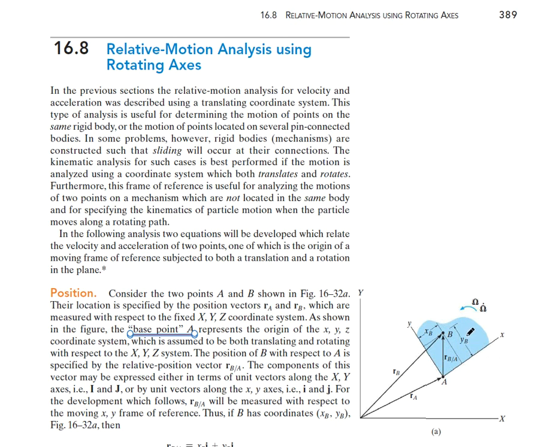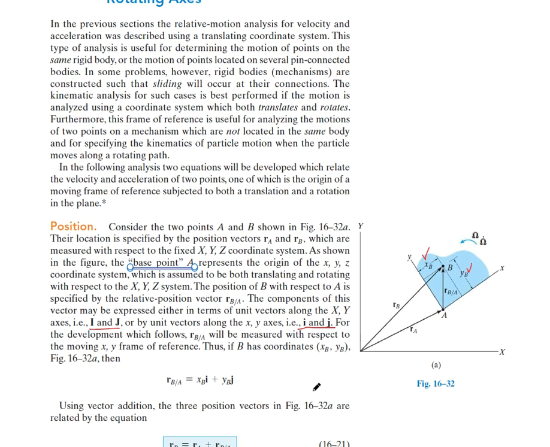So the x_B and y_B coordinates of point B are functions of time. We're going to assign unit vectors, capital I, J to the fixed frame and lowercase i, j to the moving frame, i for x, lowercase j for y.